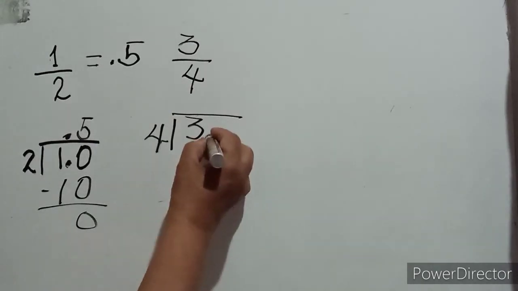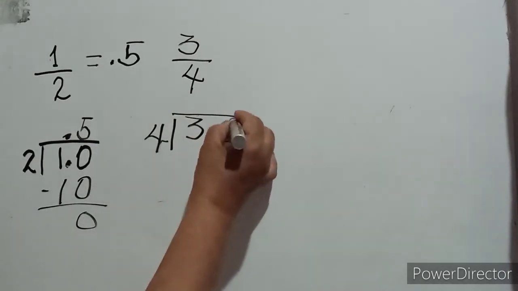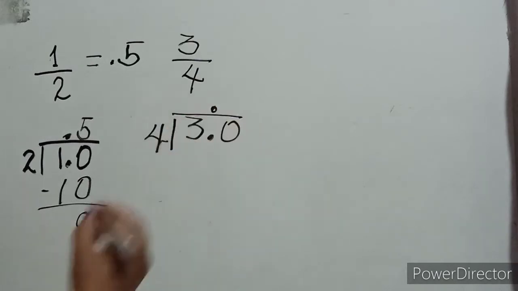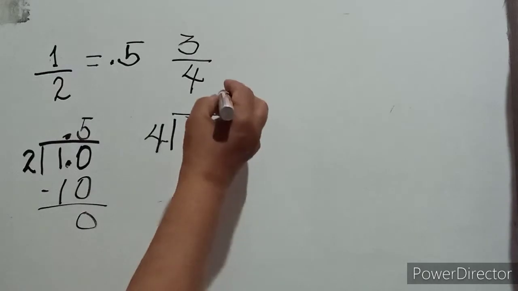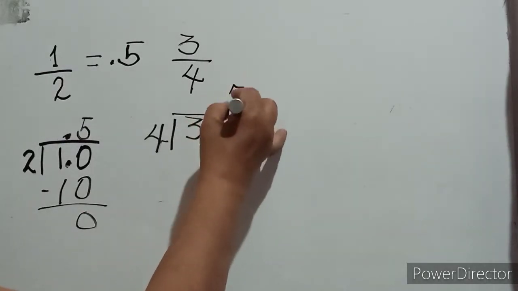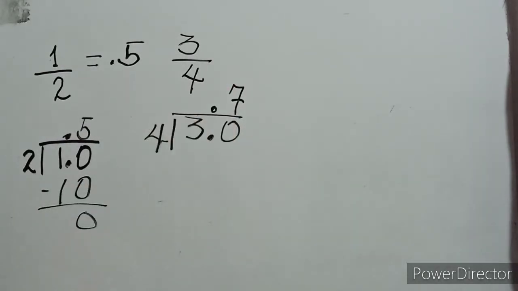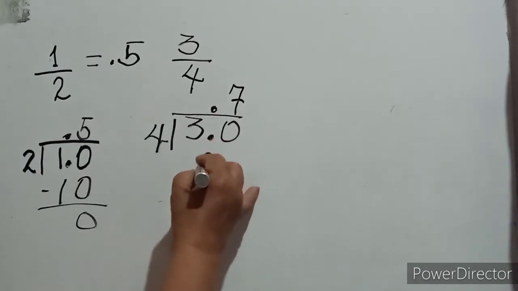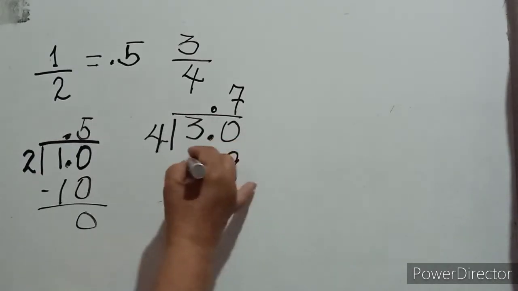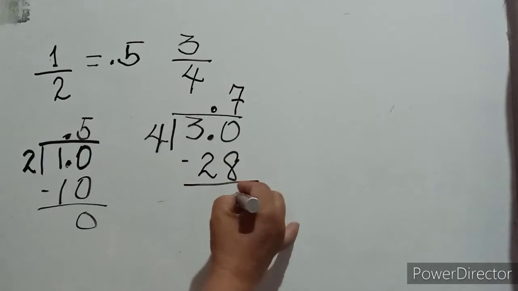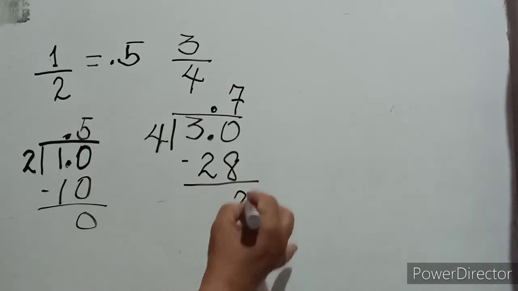So you have now to place your decimal point and add 0. And from there, you have to put your decimal point also for the quotient. Then you start dividing. 30 divided by 4 will give us 7. 7 times 4 is equal to 28. We subtract and that will give you 2.